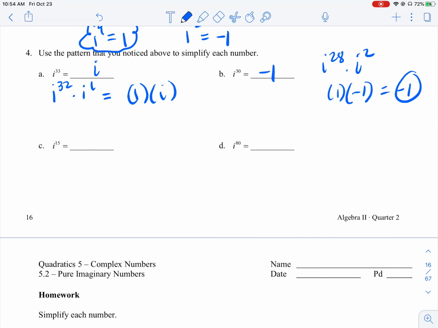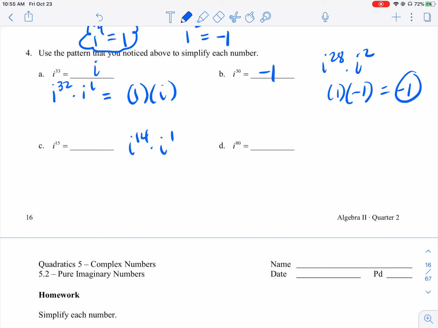Now, 15. Is 15 a number divisible by 4? No, it's not. Is 15 divisible by 2? No, it's not. So this answer is either an i or a negative i. But let's check. 15 is not divisible by 4, so I could go to 14. I could break it into i to the power of 14 and i to the power of 1.